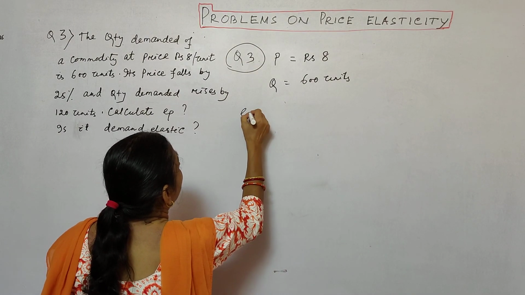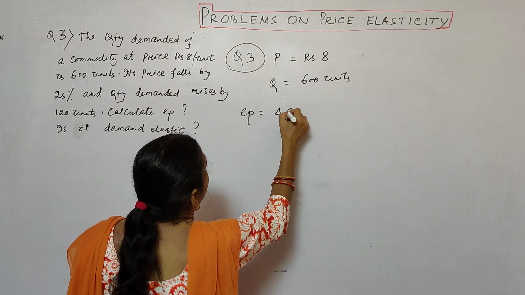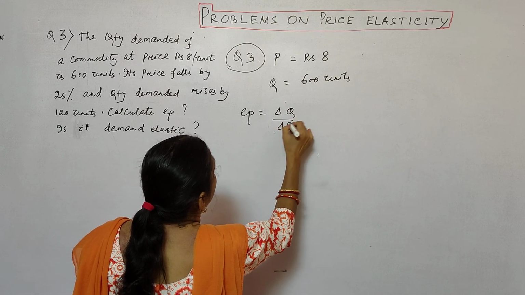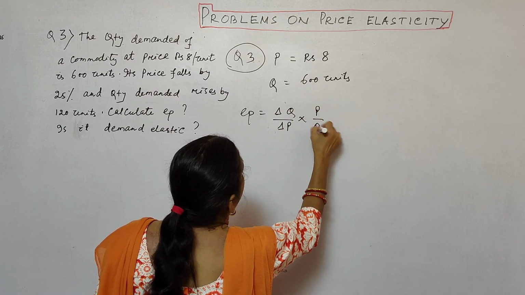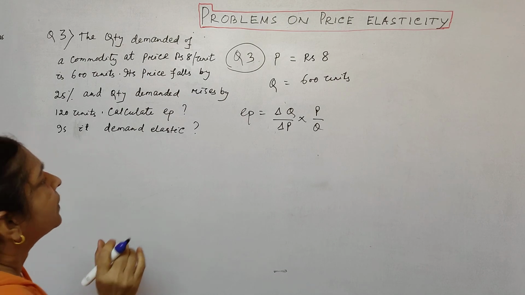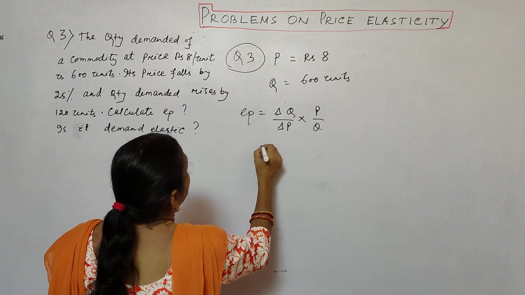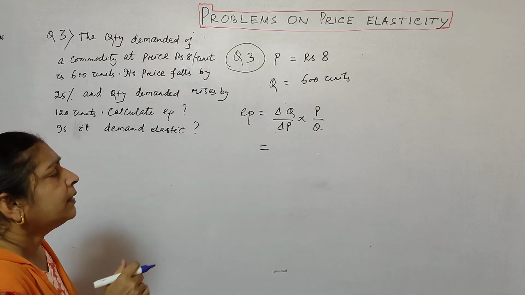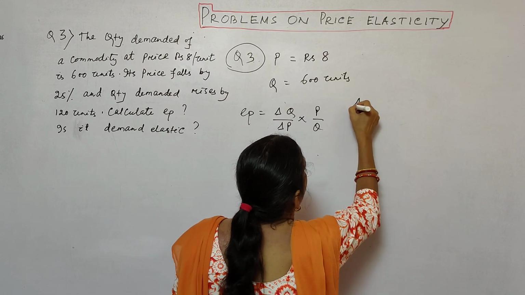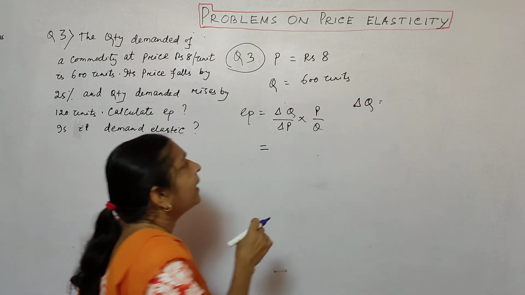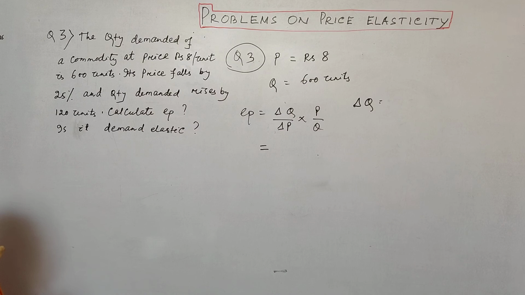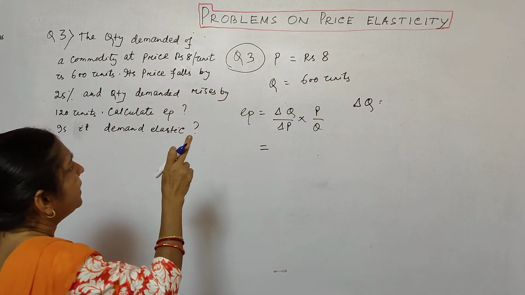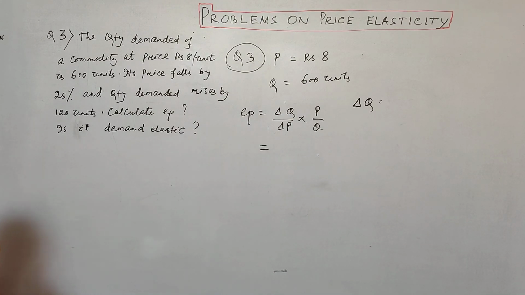Now EP equal to delta Q by delta P into P by Q. What is the value of delta Q? Delta Q means change in quantity. Initial quantity is our 600 units.